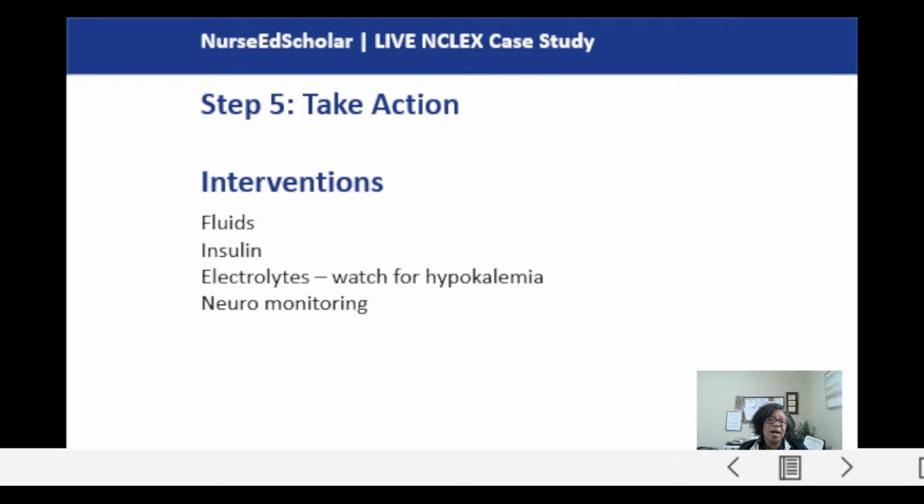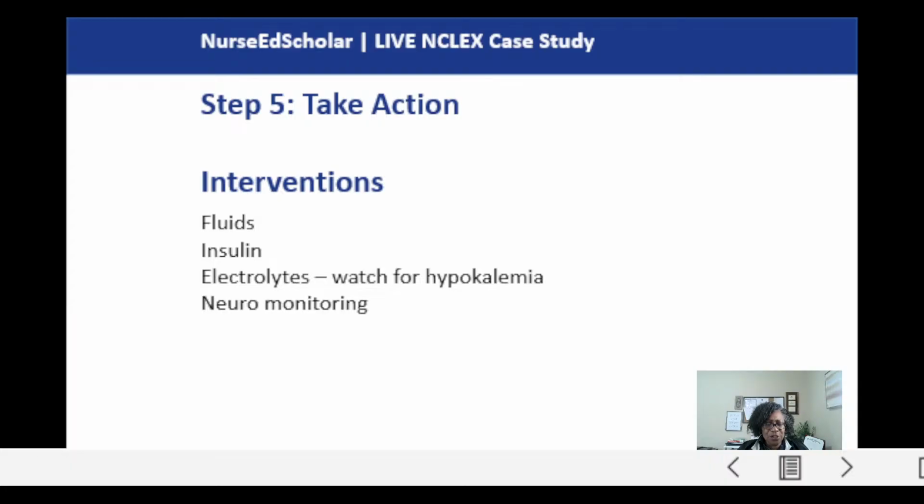We are going to watch out for the electrolytes. We're going to watch out for hypokalemia because now there's going to be a shifting of potassium in the bloodstream back into the cells. So that's going to cause hypokalemia. And we're going to assess the patient's neural status because they were confused at the beginning of this scenario.